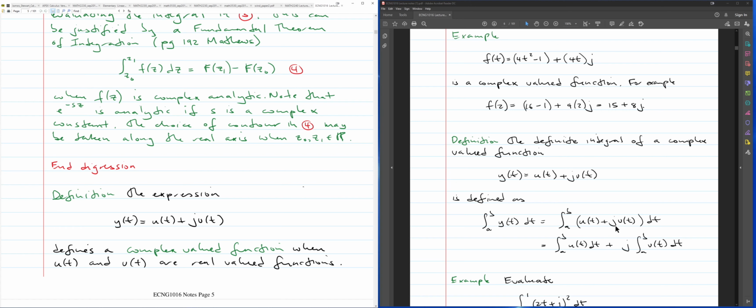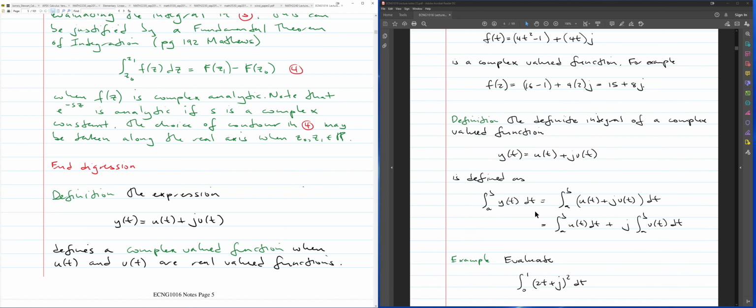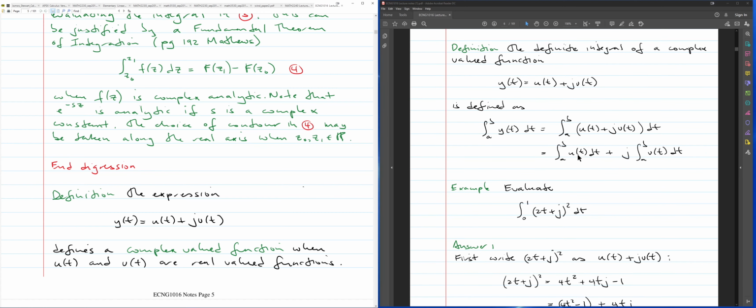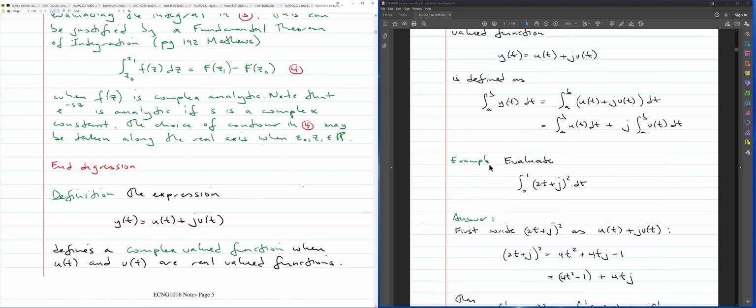So you split this up, you pull out the j, and then you integrate the u of t and the v of t separately. Let's see an example of using this definition of a definite integral of a complex valued function.